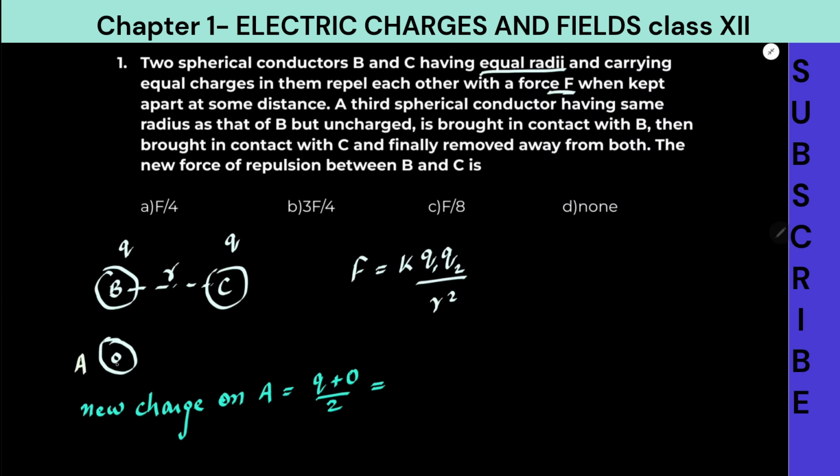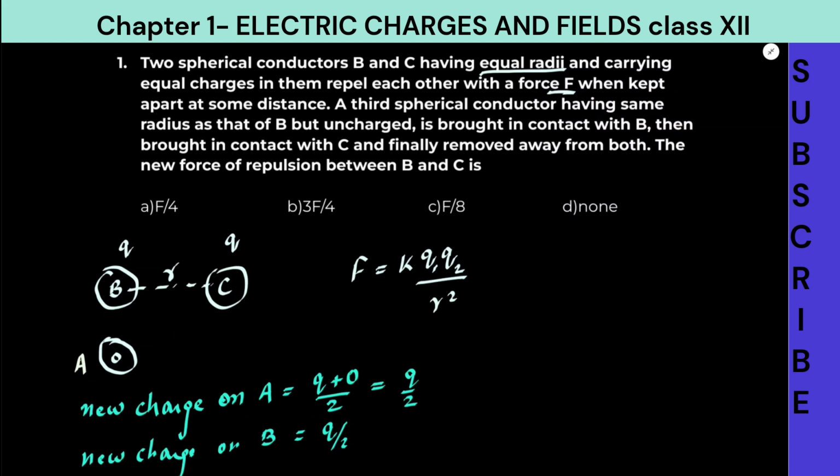Q is the charge on B, 0 is the charge on A. Add both of them and divide by 2 when you touch them. So it will give you Q by 2. And the new charge on B, sorry, B, is also Q by 2. So the charge on A and the charge on B, both are Q by 2.